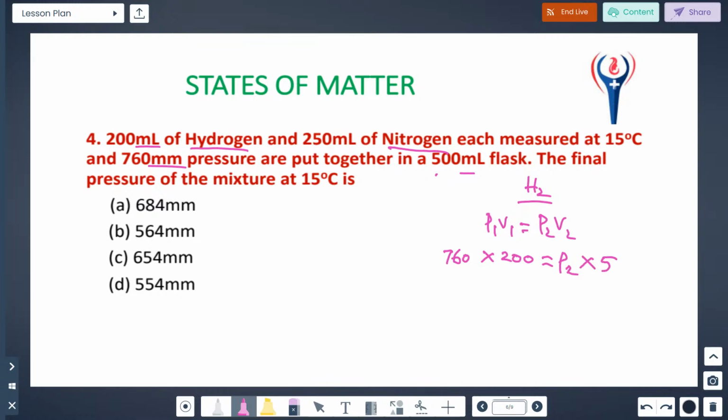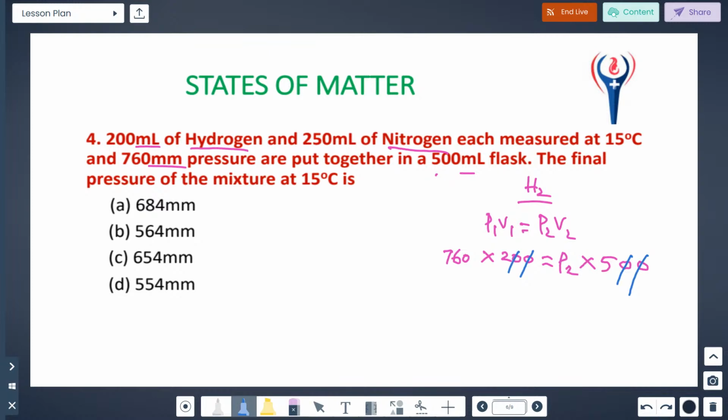If we simplify, we get the pressure for hydrogen. How to simplify? Just cancel this one, 20, and I am going to cancel here also 20. Understood?